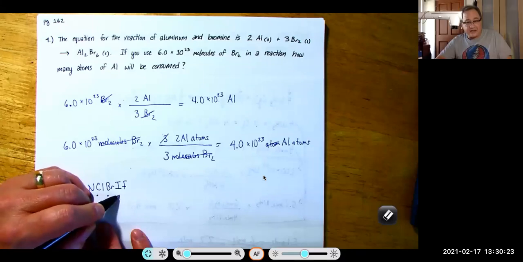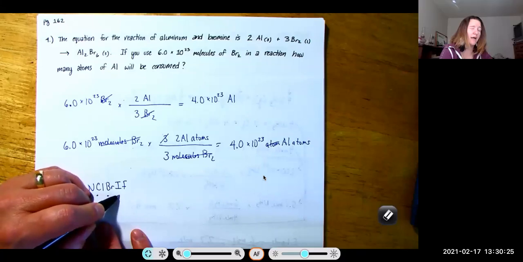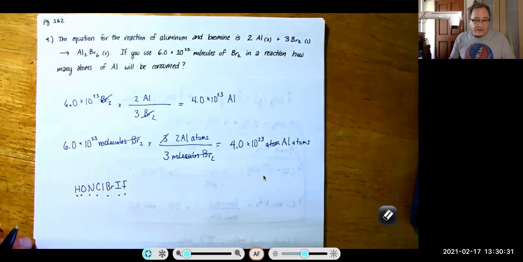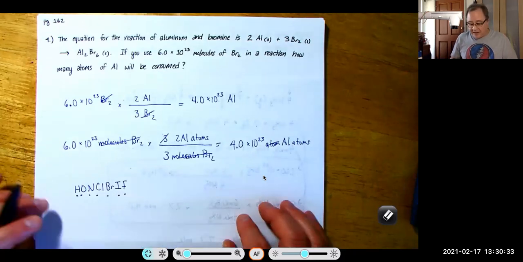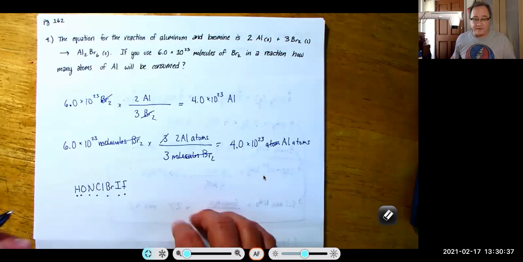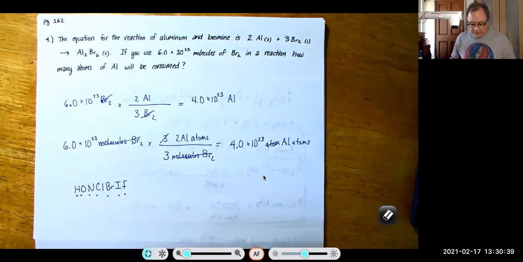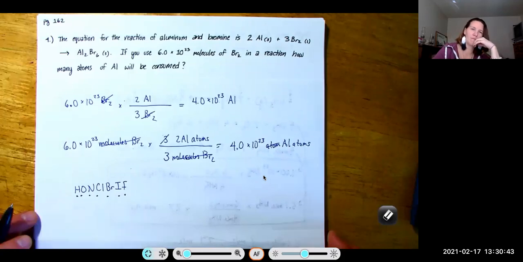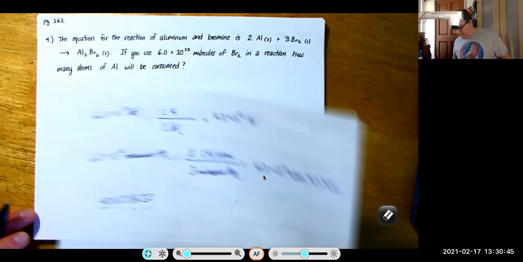I. Iodine. And F. Fluorine. There you go. So those are the 7 elements that make diatomic molecules when you buy a jar of it. Okay. Questions about this one? No. Okay, so we'll put that off to the side.